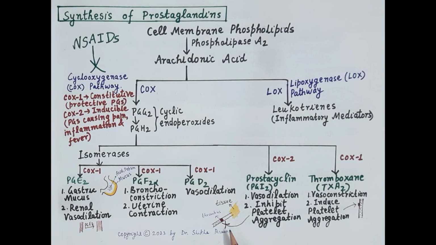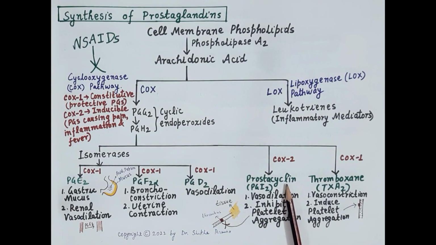That reduces the formation of thrombus, thereby reducing the risk of myocardial infarction and stroke. Now, if COX-2 is inhibited, that will reduce the synthesis of prostacyclin. Reduction in the synthesis of prostacyclin will cause platelet aggregation, and that will cause the formation of thrombus, and that will further increase the risk of myocardial infarction and stroke.